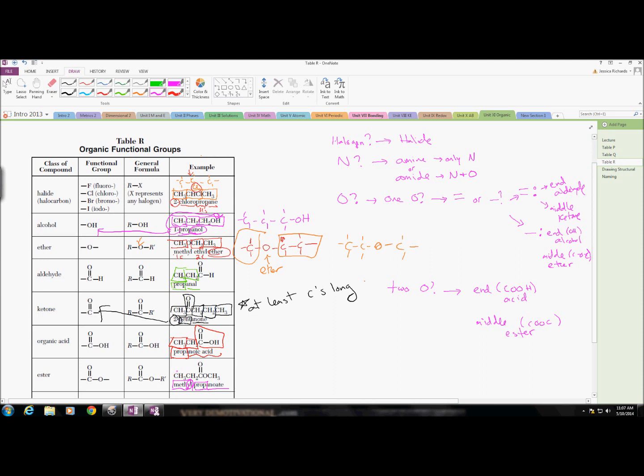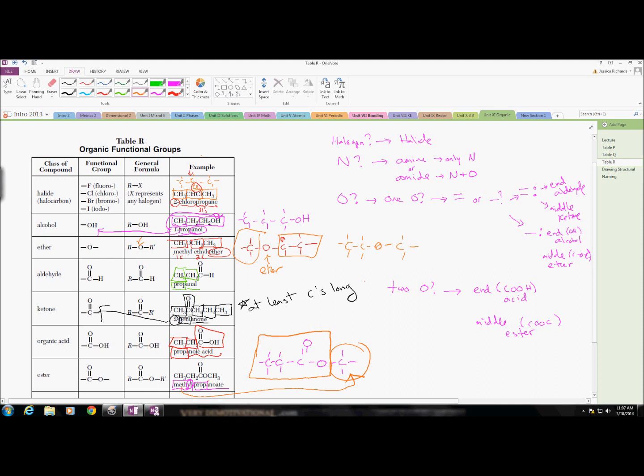When I look at my example, and I'm going to draw this one out, I'm going to start splitting it up. There's 1, 2, 3 carbons in the part that has the oxygen, and then just 1 carbon left over. So this methyl must refer to whatever branch is on the oxygen. The first part is the branch on the oxygen.